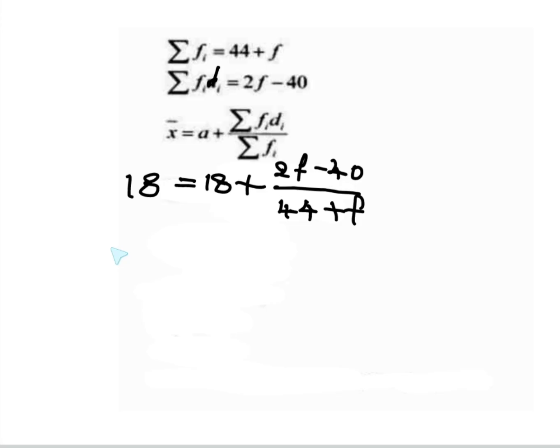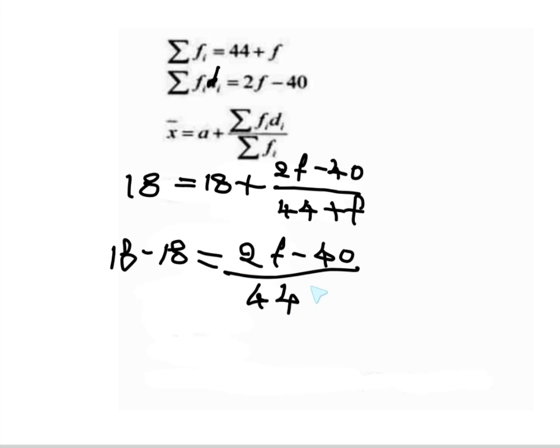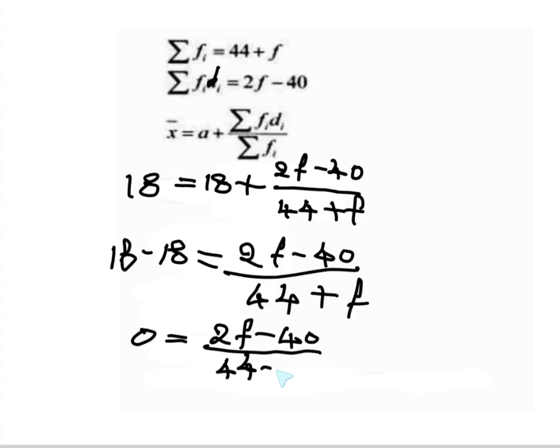Now take this 18 to the left side: 18 minus 18 is equal to 2f minus 40 by 44 plus f. So 18 minus 18 is 0, so 0 is equal to 2f minus 40 by 44 plus f.